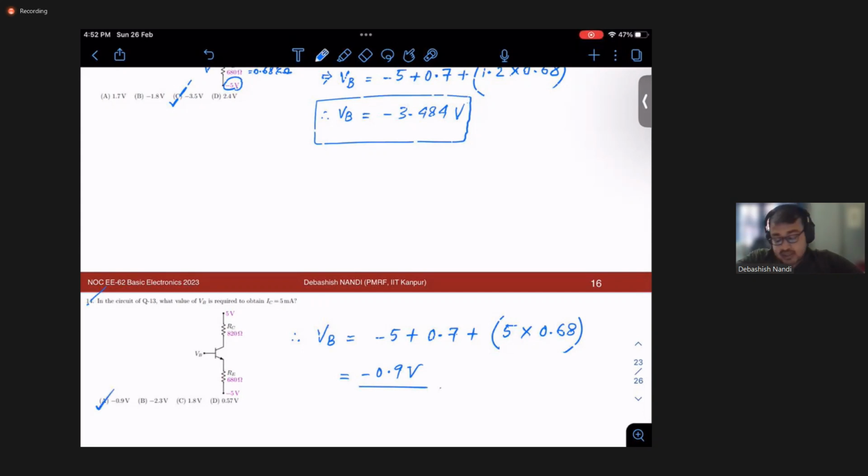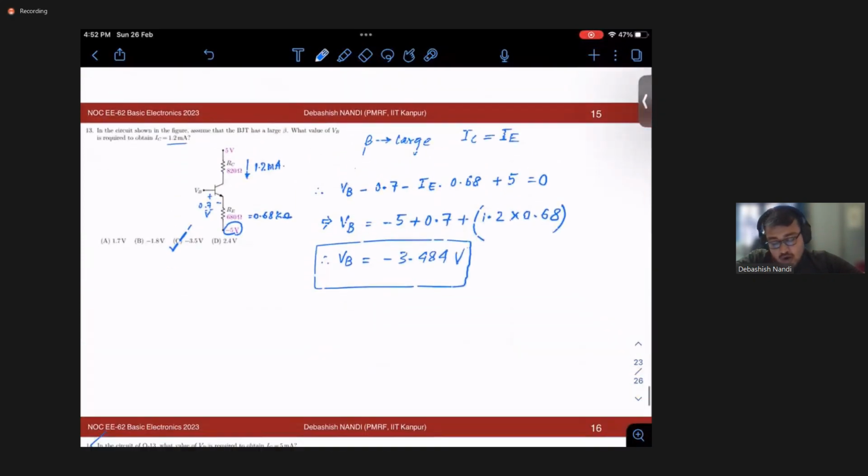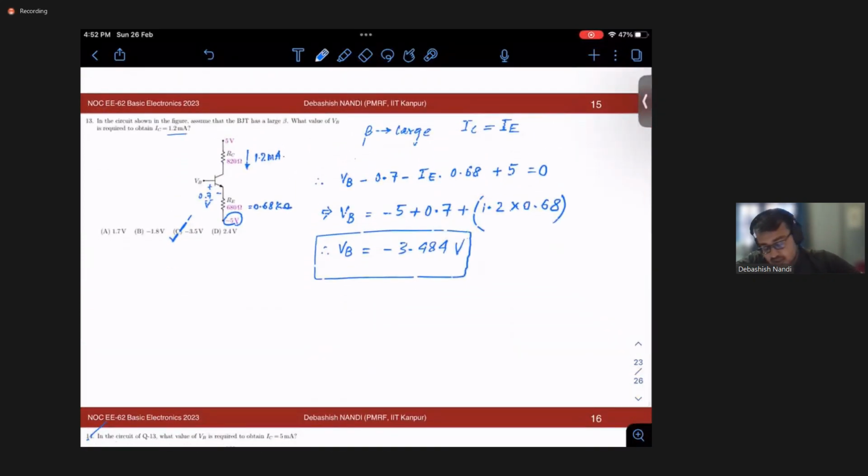In this case, one thing you need to be very careful about is the operating regime. You know all the values; you check how to ensure it is in the forward active region. You check your VBE, which you have assumed to be 0.7 volt.